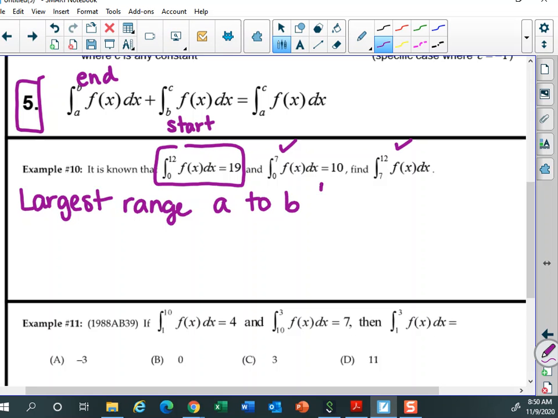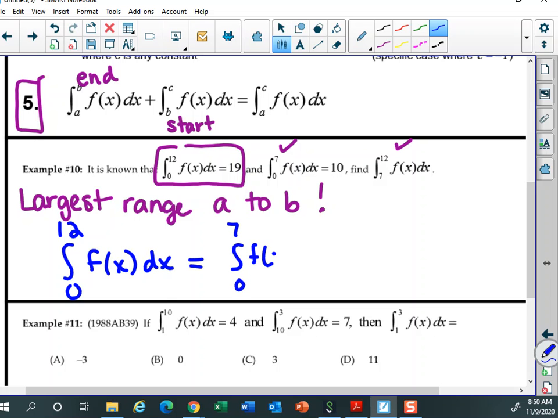Now, when I'm focused on one of these problems, I'm always looking for the piece that's talking about the biggest range. So my piece that's from 0 to 12 is the biggest range. And then I have the 0 to 7 piece and the 7 to 12 piece.